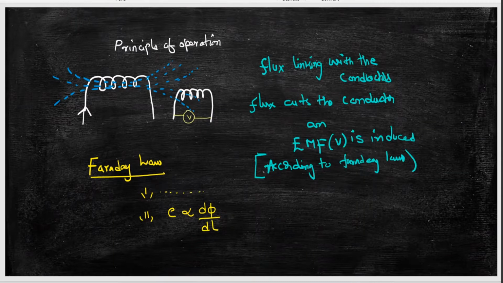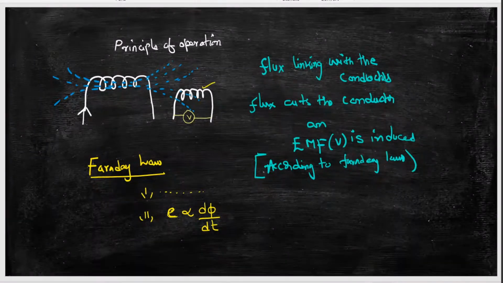What is this d phi by dt? D phi by dt is nothing but rate of change of flux. So the EMF induced in the conductors, because of this flux linking with these conductors, is proportional to the rate at which this flux is linking with these conductors.